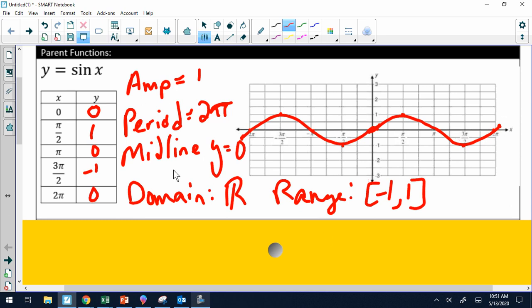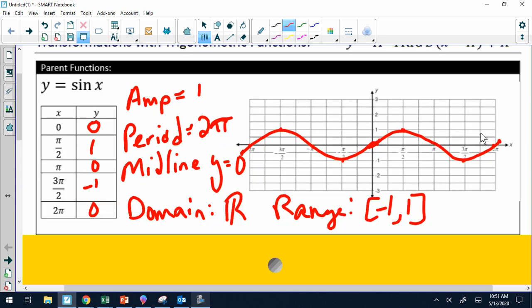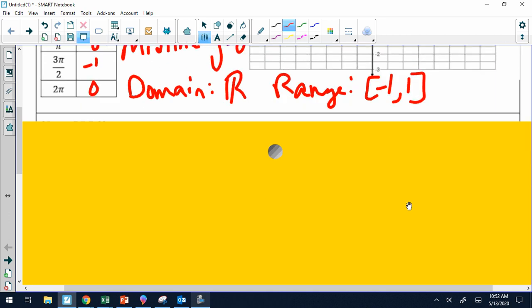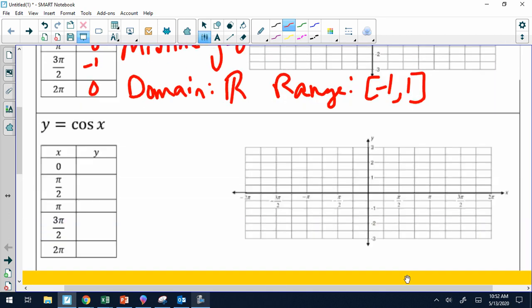Okay, so that's sine. Cosine is going to be very similar, except instead of starting at 0, we're going to start at 1. So cosine, and again, my table of values here, I'm using my quadrantal angles because they're easy. So I'm going to start at 1, go to 0, go to negative 1, go back to 0, go back to 1.